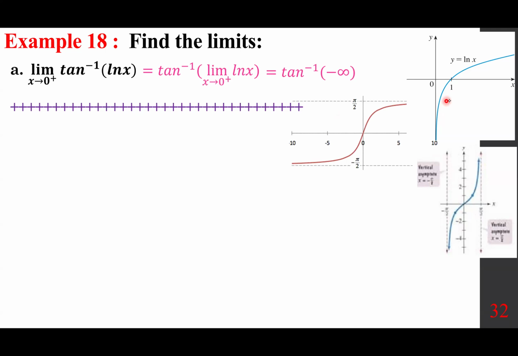One of them is y equals pi over 2. The other one is y equals negative pi over 2. So as we approach negative infinity, there seems to be y equals minus pi over 2, which is the answer. So tan inverse of negative infinity is negative pi over 2.